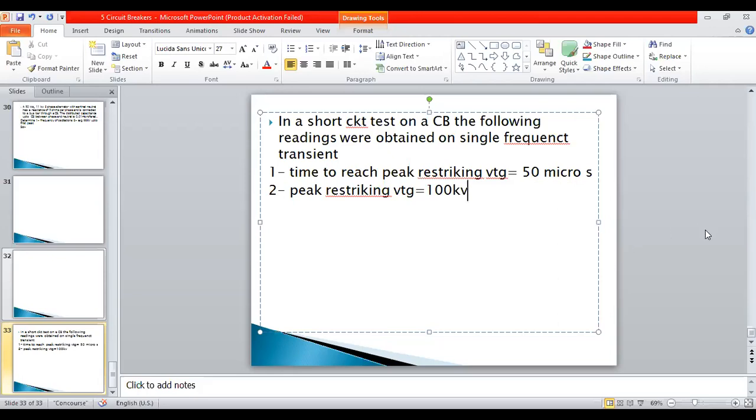Determine the average RRRV and the frequency of oscillations.